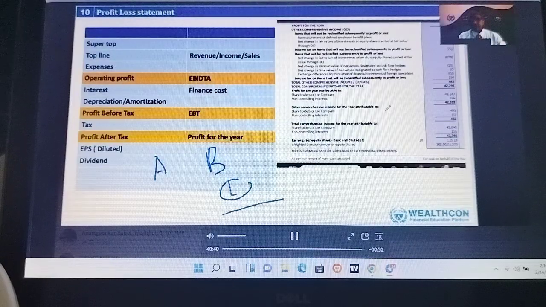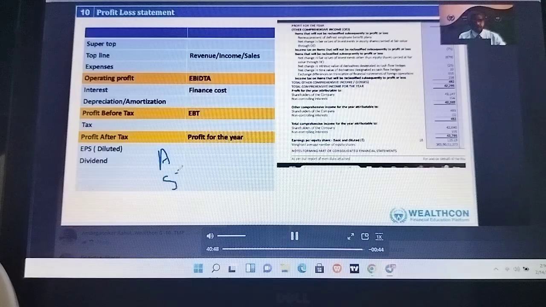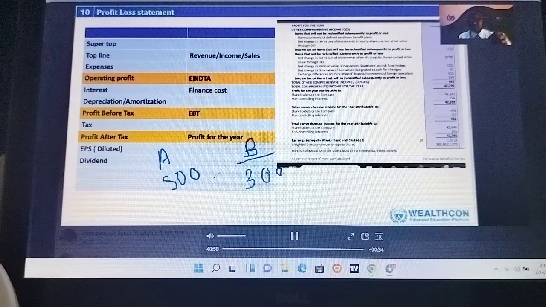Why is EPS a better measure than the tax? Suppose I say Doctor A is earning 500 rupees and Doctor B is earning 300 rupees. My question is, who is earning more per patient? Or who is earning more? You may say Doctor A is earning more, but what if he sees 10 patients and Doctor B sees only 3 patients?